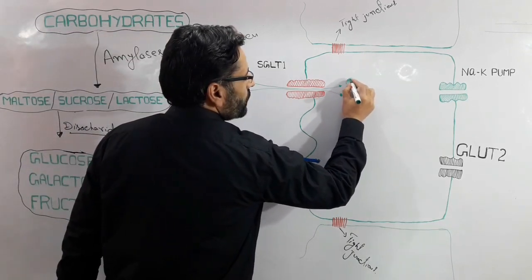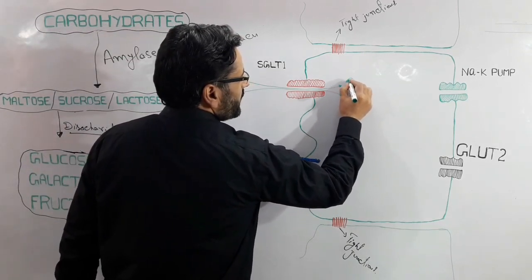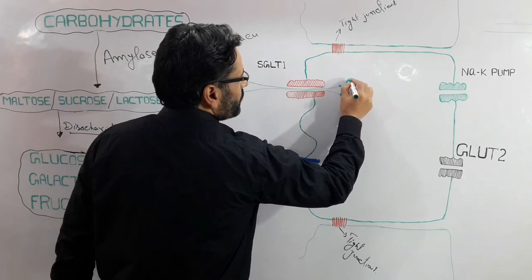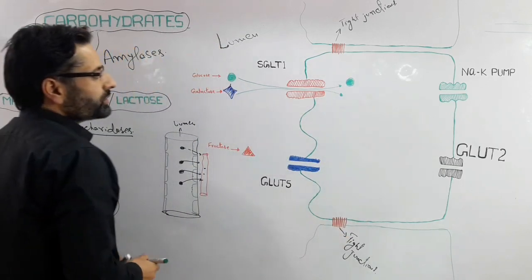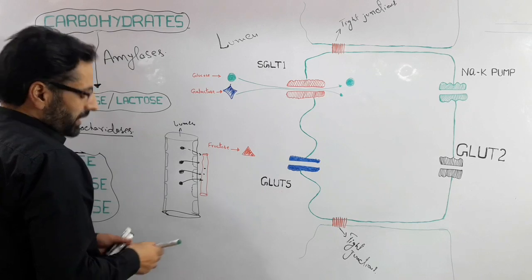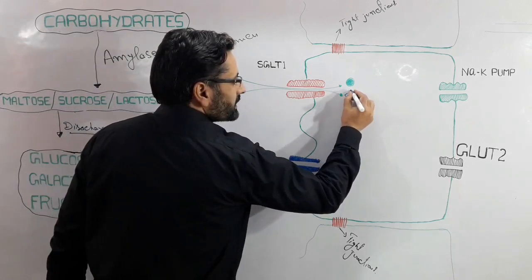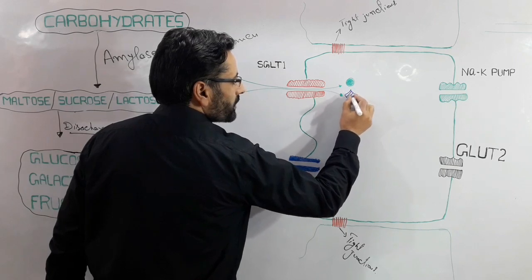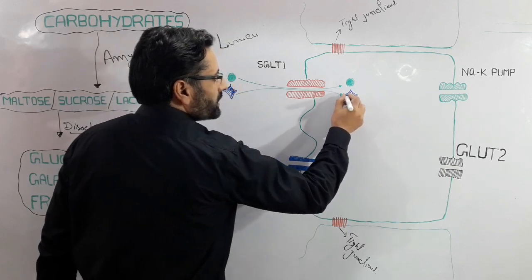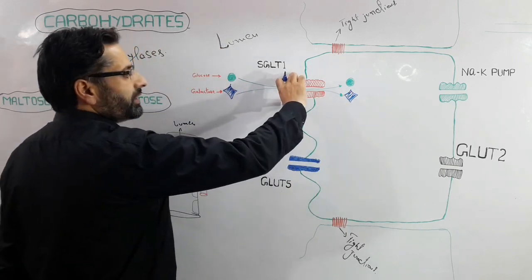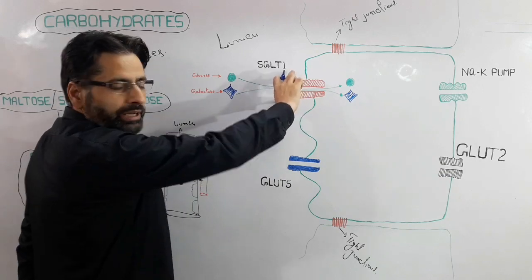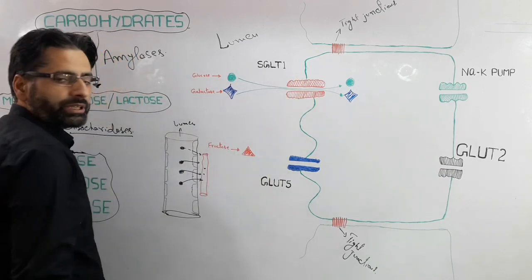So they will cross the apical membrane of this cell present on the wall of the intestine and will enter inside the cell. And remember, for these two monomers, we have a single transporter present on the apical membrane.